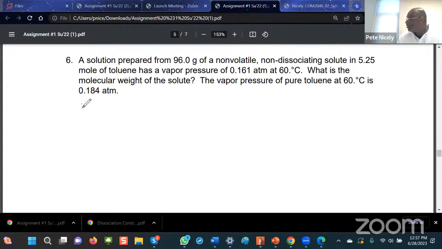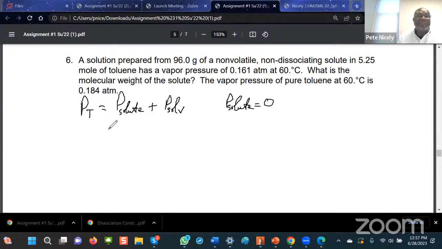So the total pressure, let's start off with that. The total pressure will be equal to the pressure of the solute plus the vapor pressure of the solvent. Now, because the solute is a solid, that means that the vapor pressure of the solute is equal to 0, right? So that means this reduces to the vapor pressure of the solvent, right? Which is toluene.